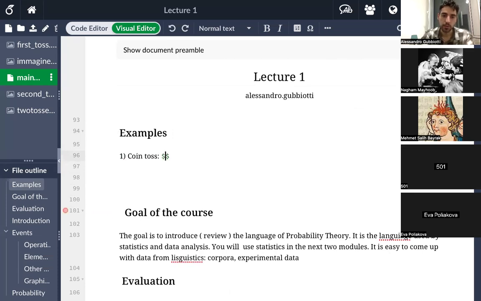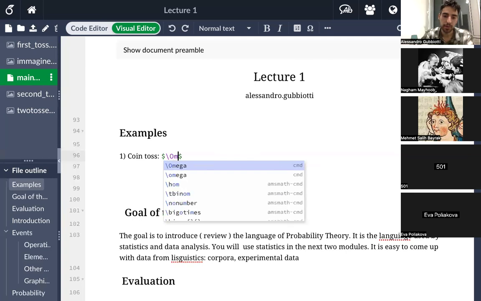So here, what are the possible outcomes? The possible outcomes are heads or tails.